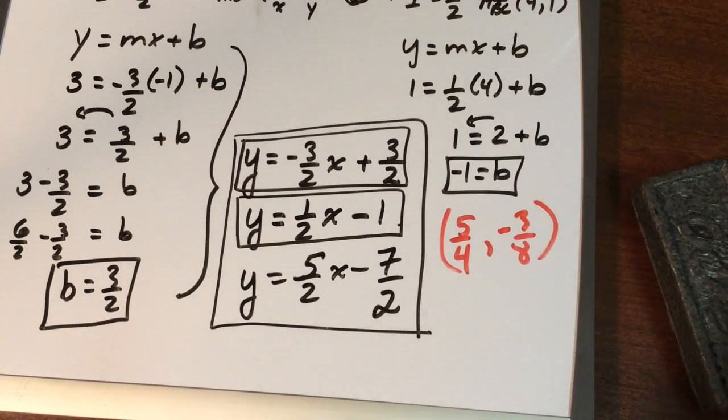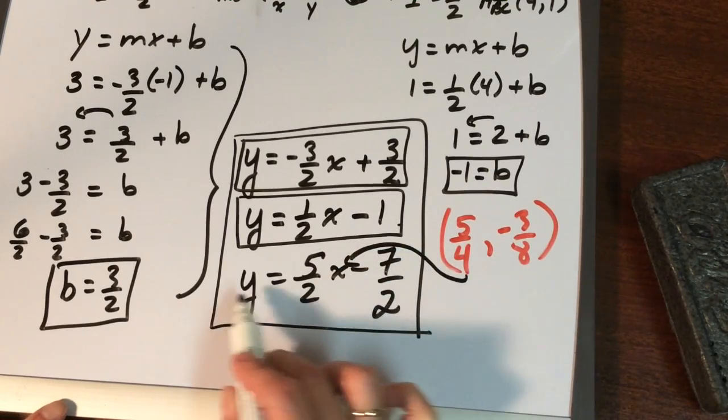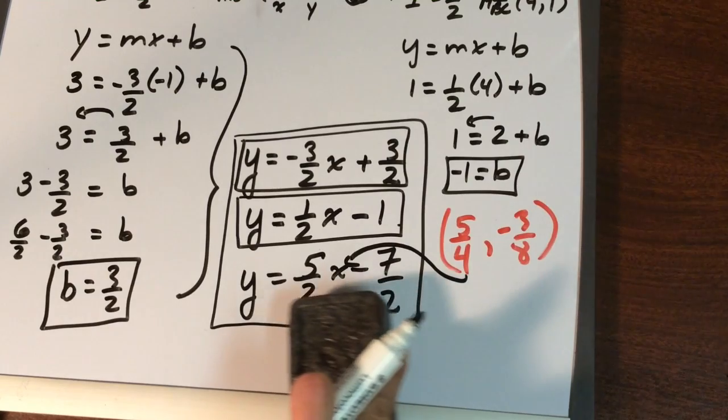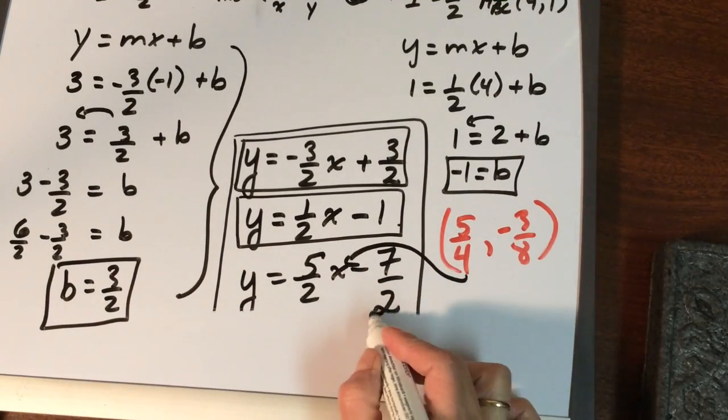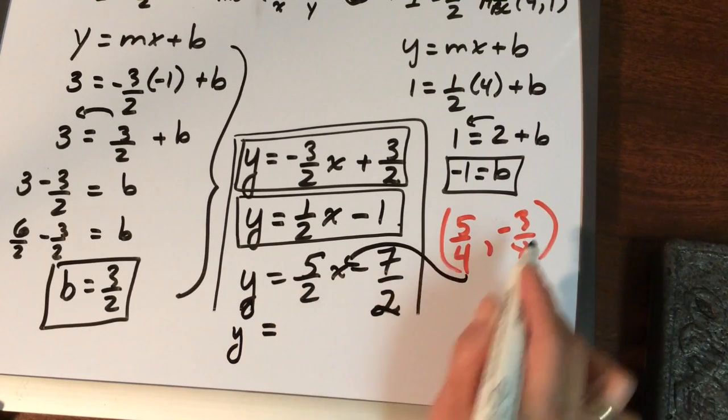What we have to do is just plug in the x value into here. And if the y value is negative 3 over 8, we know we've done it right. So let's just erase this here. Hopefully y will work out to this.